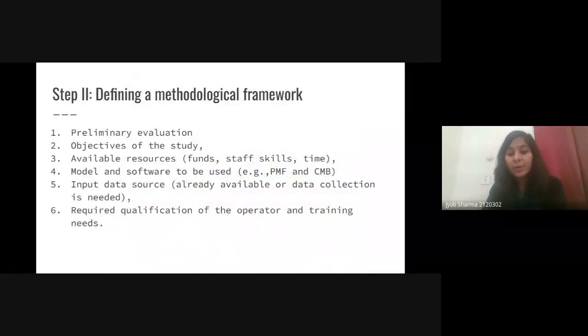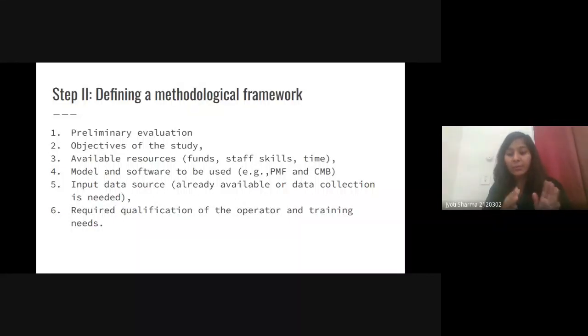Then the first step is you have to define the methodological framework. So you must keep in your mind what budget you have. For example, if you have a budget of only a few lakhs, then according to that you have to see. For analysis of particulate matter, 50 lakh is sufficient, and for, let's say, ozone estimation, more amount is needed.